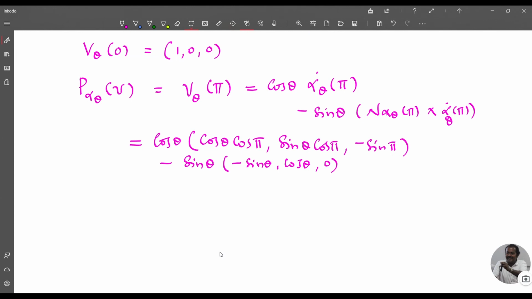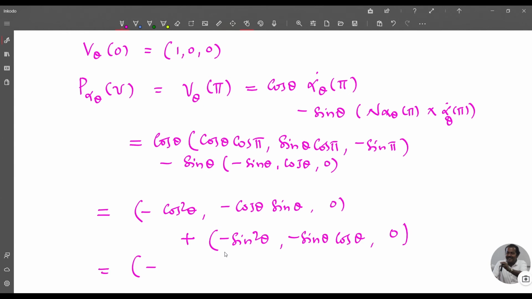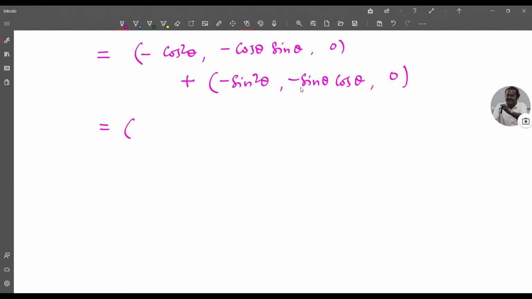So we'll get this as cos square theta into cos pi is minus 1, so minus cos square theta, minus cos theta sin theta, 0, plus minus sin square theta. So this is actually plus sin square theta. So minus cos square theta plus sin square theta, minus 2 cos theta sin theta, 0.